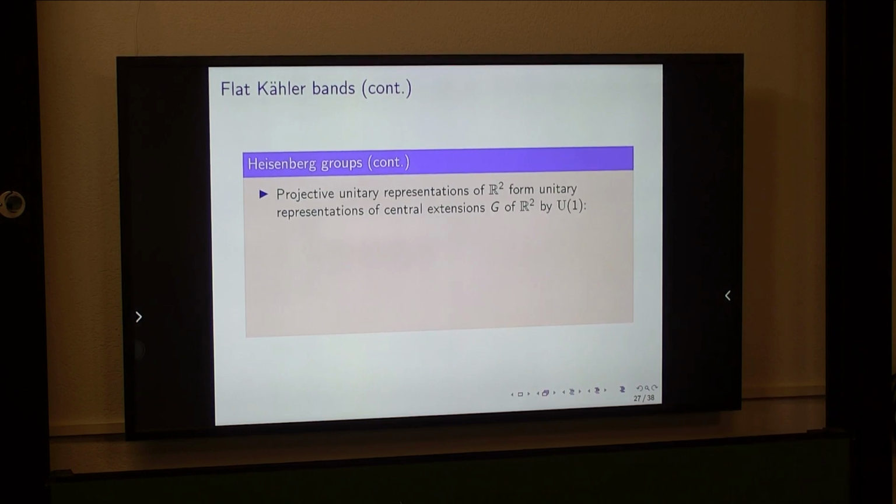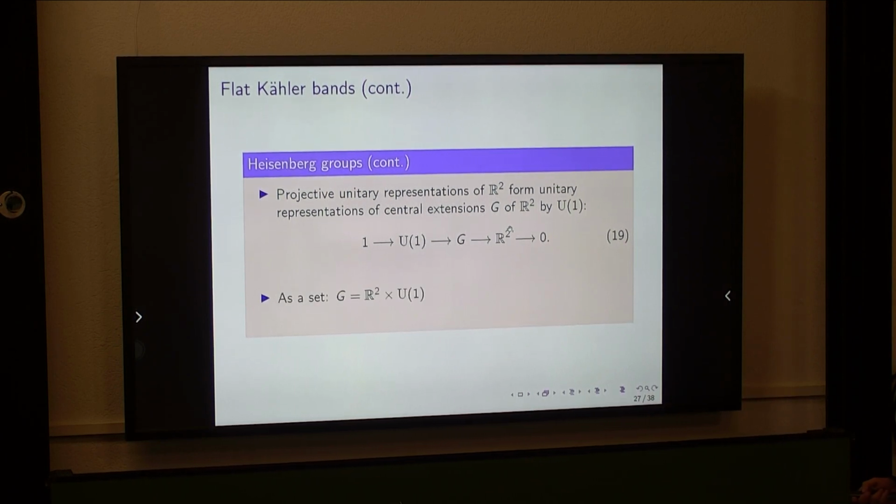And so projective unitary representations of R² are essentially unitary representations of certain central extensions, G of R² by U(1), which fit nicely into this short exact sequence of groups, where this is an exact sequence.